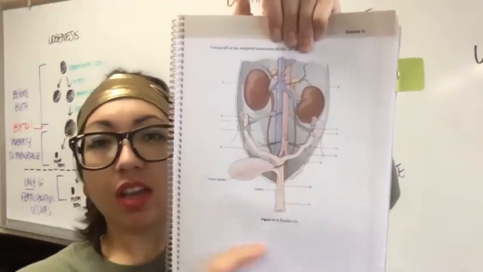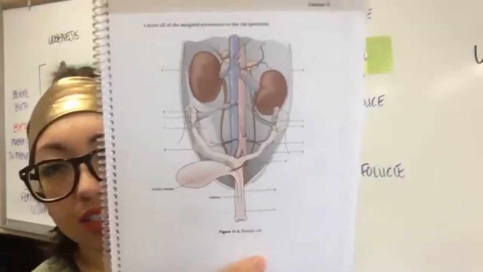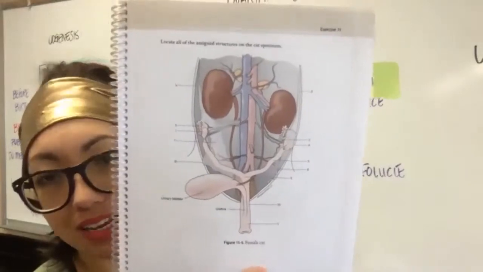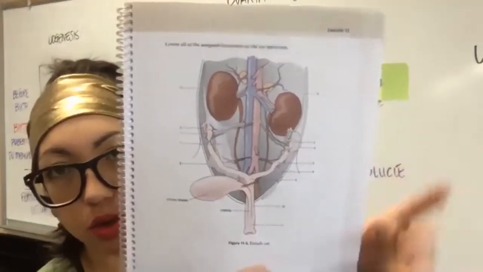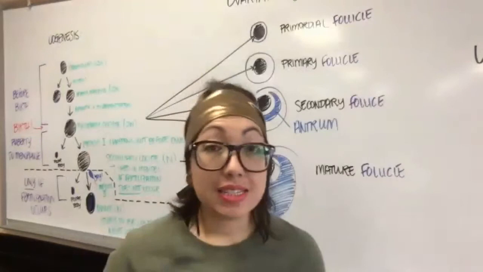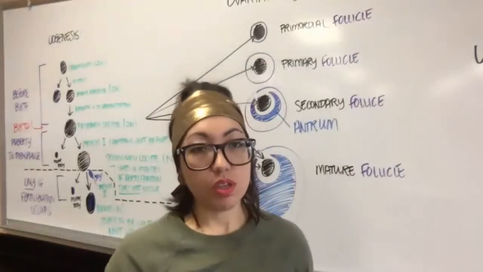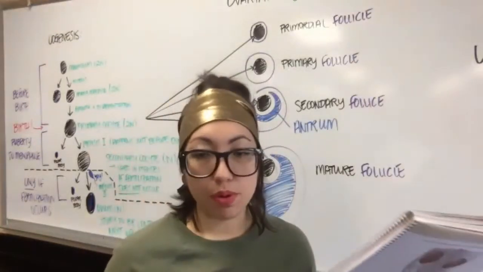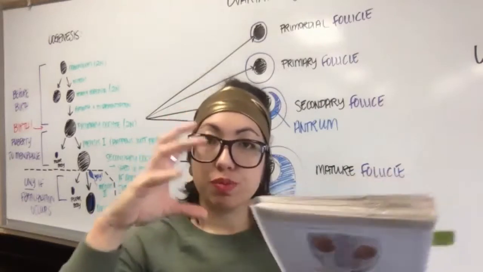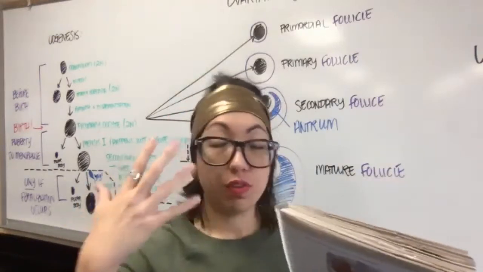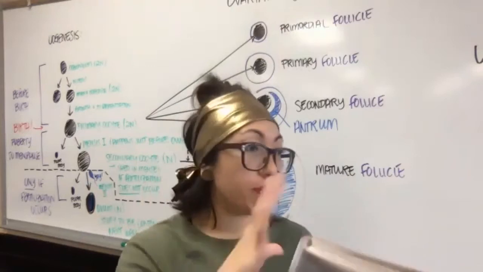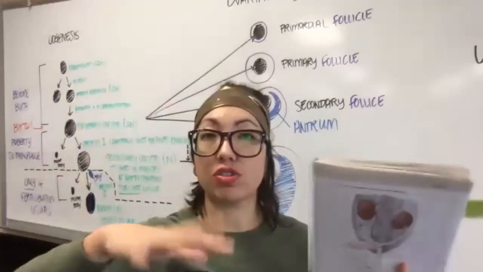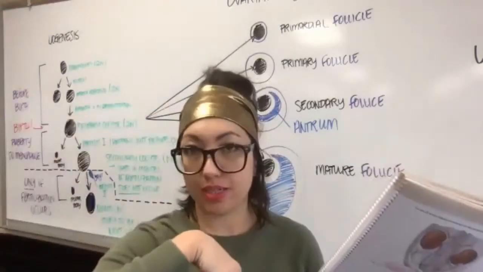All that to say is I see so many mistakes on this quiz, the quiz and the practical. Especially for the practical, remember that your questions are grouped together. So if you're in the reproductive system, you shouldn't be putting in answers that could go in another body system.